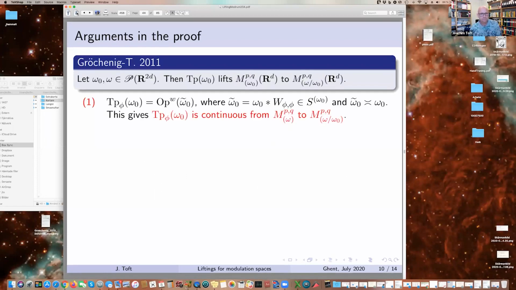Okay. If we now look at the arguments of the proof in the paper by myself and Charlie from 2011. Well, first, from the general theory of pseudo-differential operators on modulation spaces, we could conclude that any such operator is continuous from this modulation space into that one.